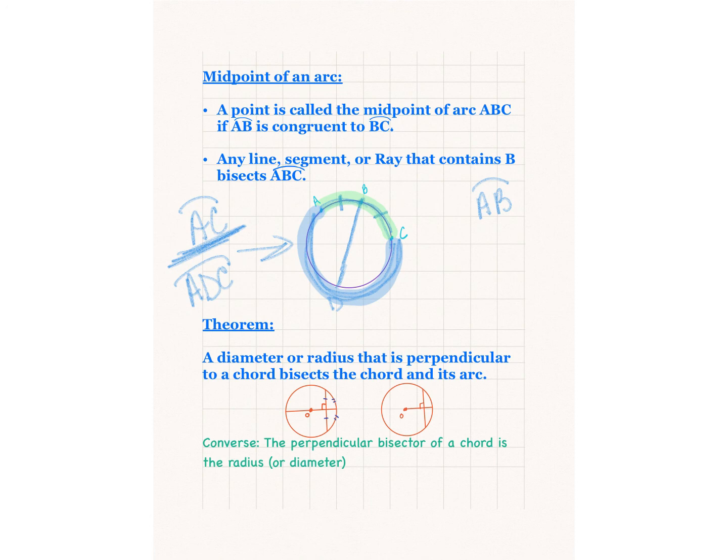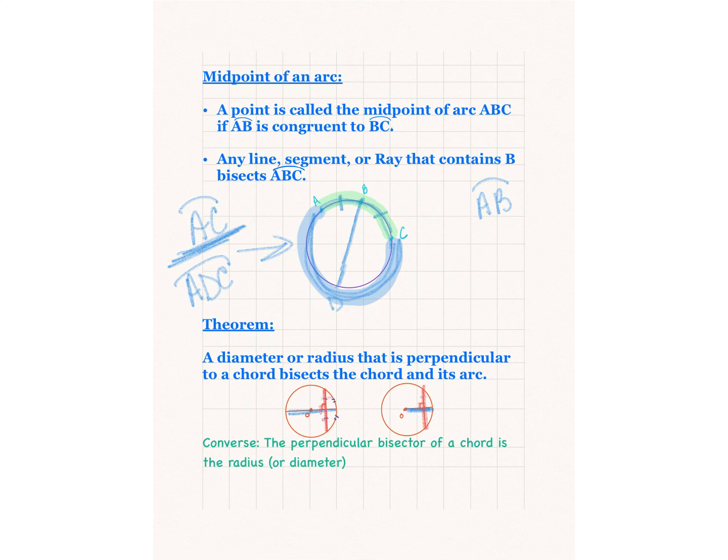A diameter or radius that is perpendicular to a chord bisects the chord and its arc. This one's huge, and the converse is also true. So we have a diameter, or over here just a radius, that is perpendicular to the chord. Here's my chord, right here. Then it bisects the chord.